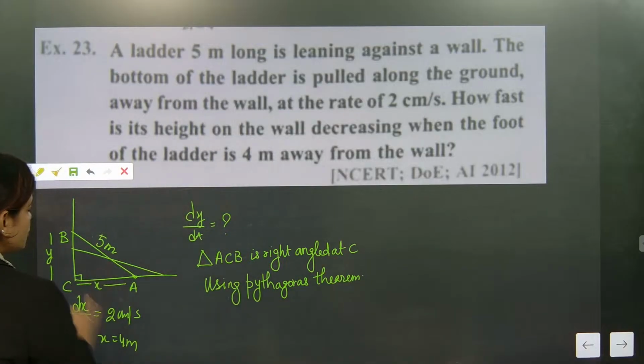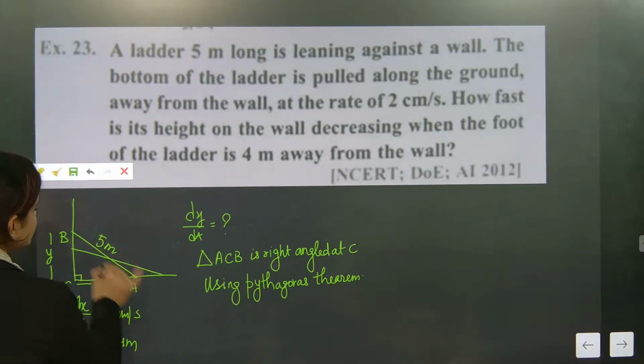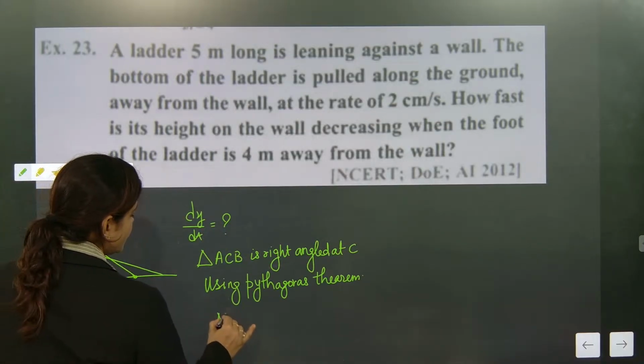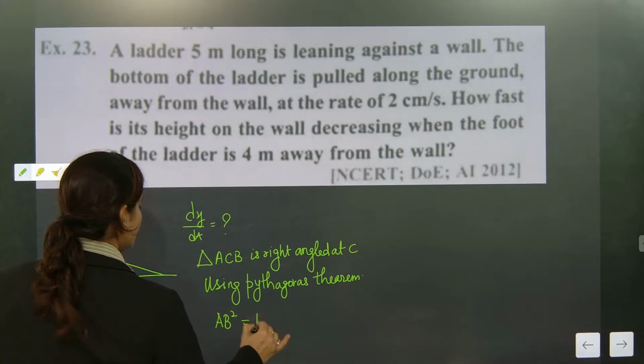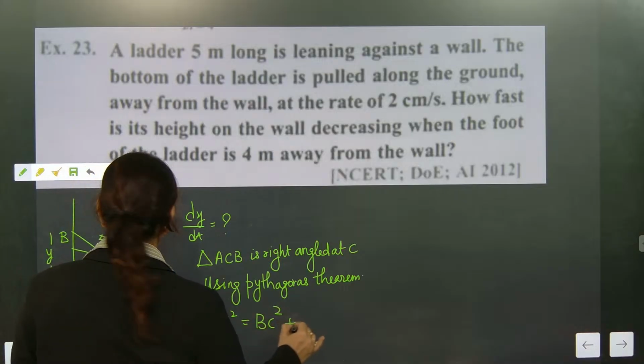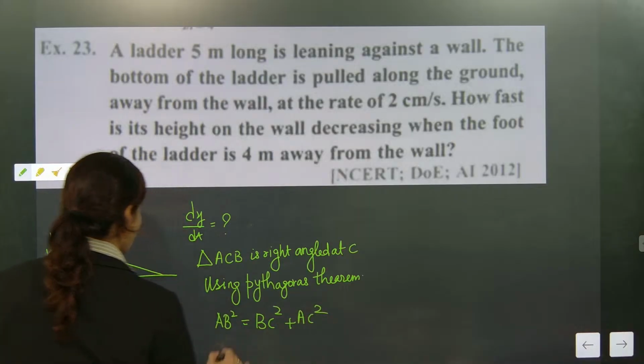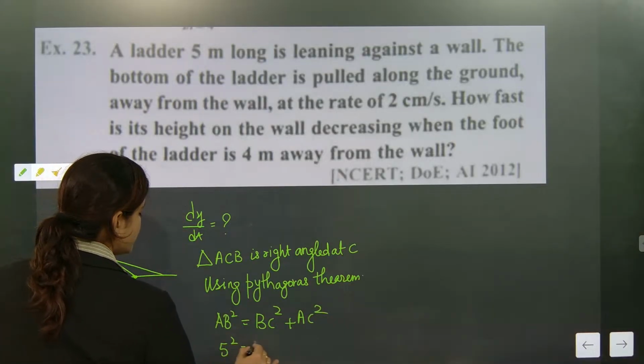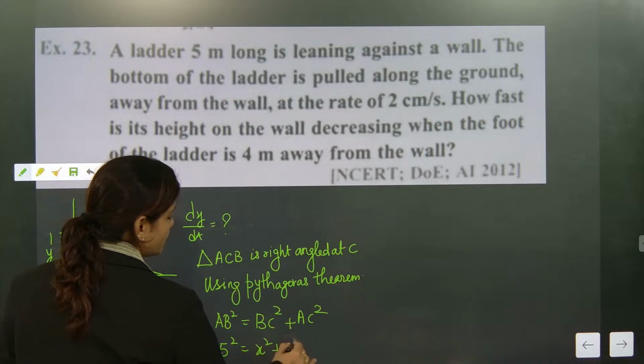So AB square will be equal to BC square plus AC square. So this will become 5 square is equal to x square plus y square.